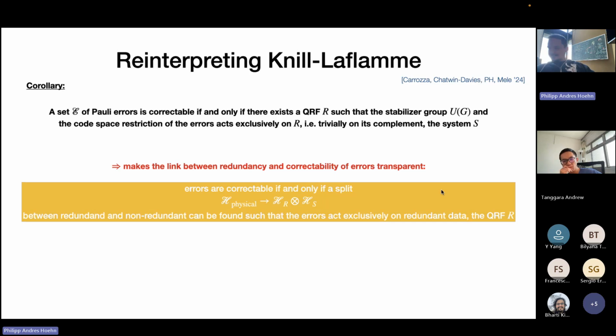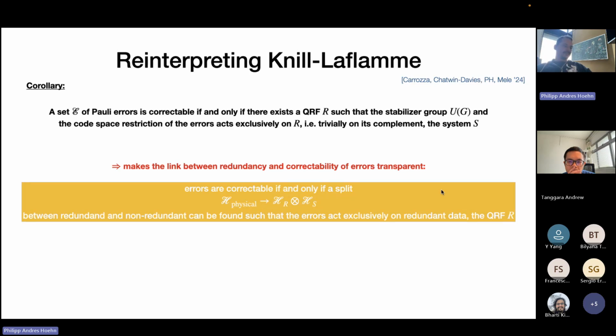And so this allows you to really make the link between redundancy and correctability of errors fully transparent. So errors are really correctable if and only if you can find such a split between redundant information and non-redundant information, and such that the errors and the stabilizer group act purely on the redundant piece.